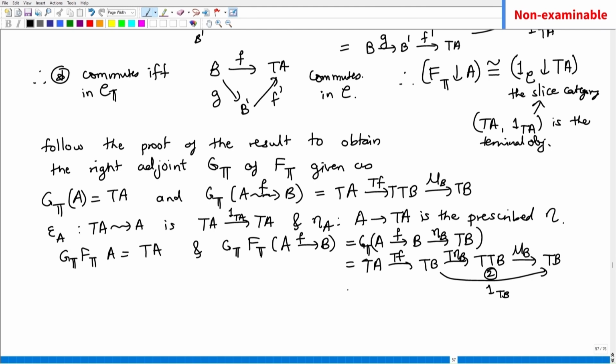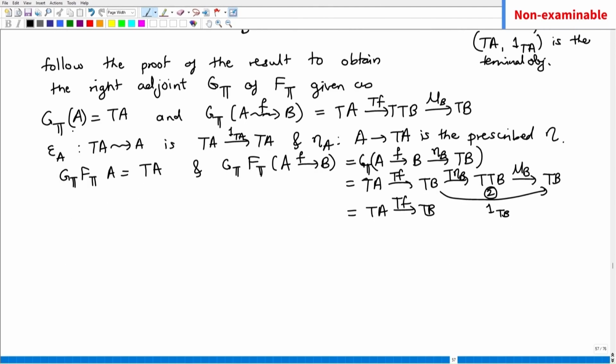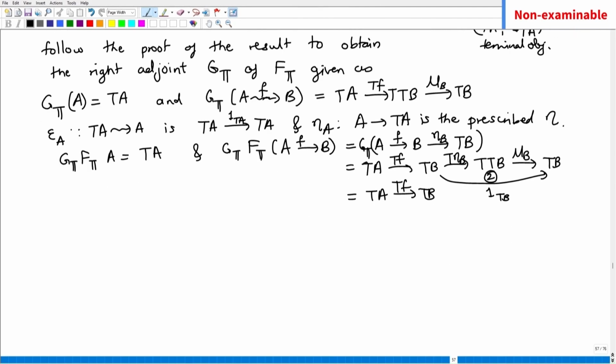So therefore, this is just TA to TB. Okay, so GT FT acts on objects and morphisms the way we want it to. So it is actually the endofunctor which was given as part of the data of our monad.